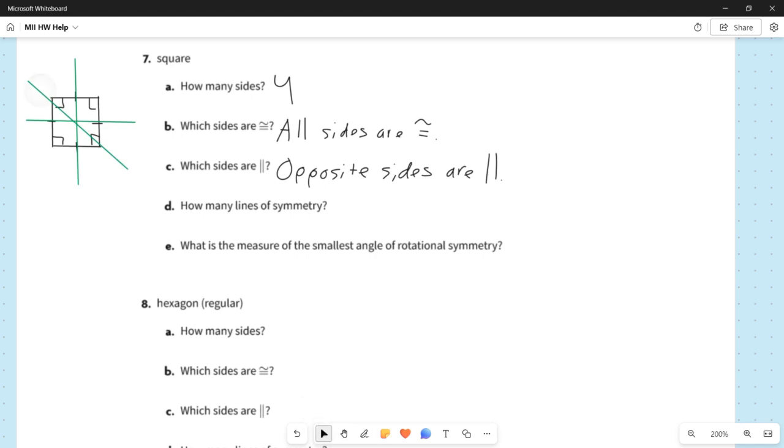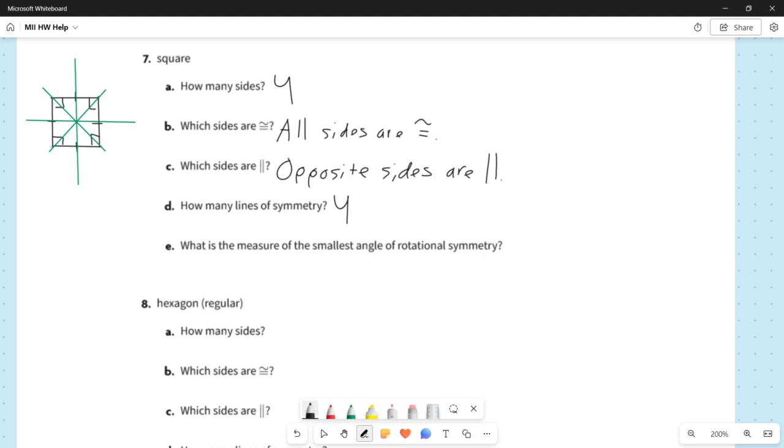I don't know why that just kind of shifted on me. Hold on. We'll try this one more time. Okay. All right. There's that. And then that. There we go. So a square actually has 4 lines of symmetry. It's a very symmetric figure.